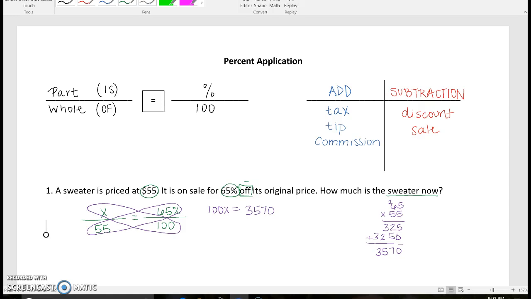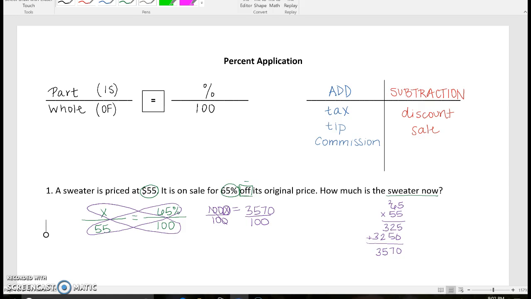So that's 3,570. Now here we are at dividing, so we want to get x by itself. Right now it's saying 100 times x equals 3,570. To undo that, we do the opposite operation. We're always going to divide by the number next to x, so I'm going to divide by 100.